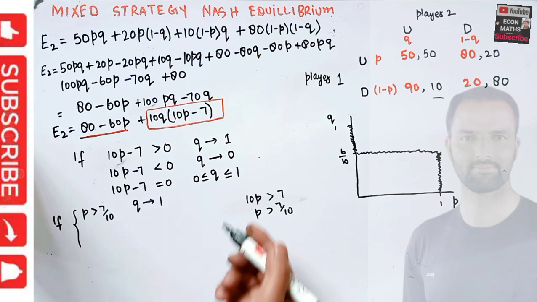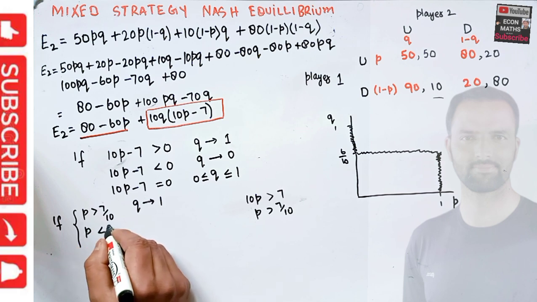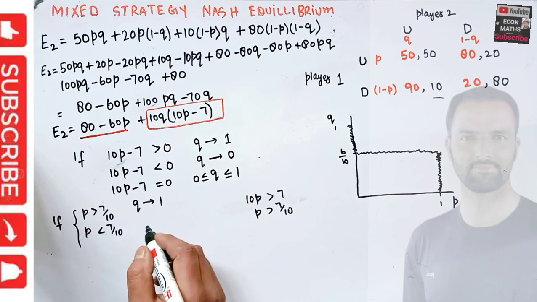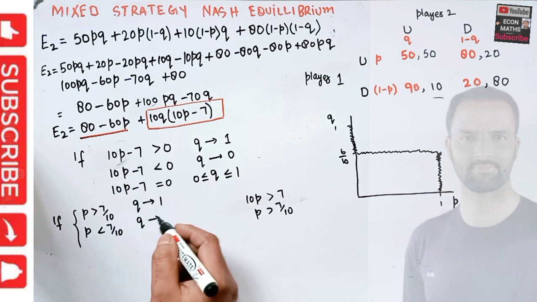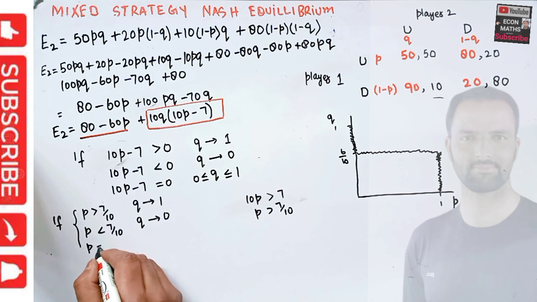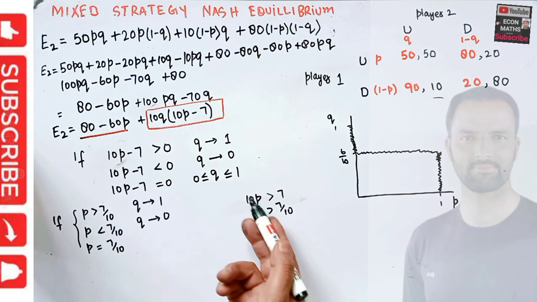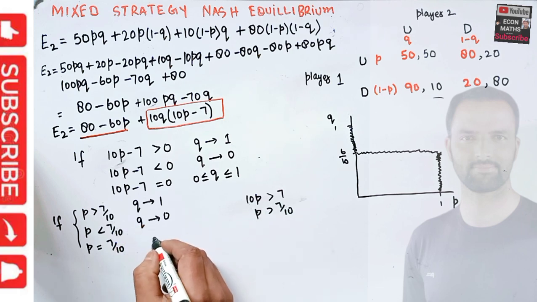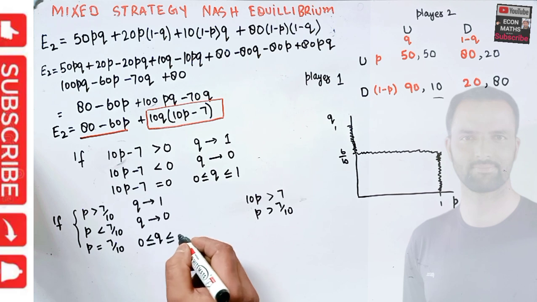Similarly, if we solve this, if P is less than 7 upon 10, then player 2 will choose Q with probability 0. And if P is equal to 7 upon 10, I have not shown the calculation, you can do it easily as I have shown it here. So player 2 will be indifferent with the choice of playing Q. It will lie between 0 and 1.